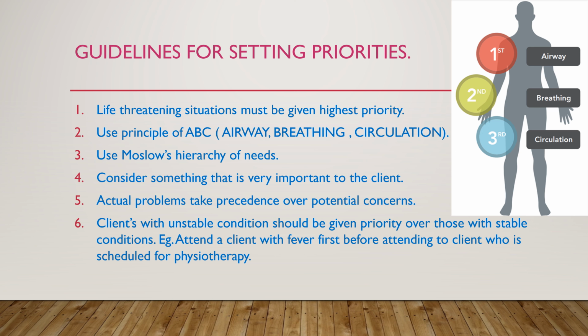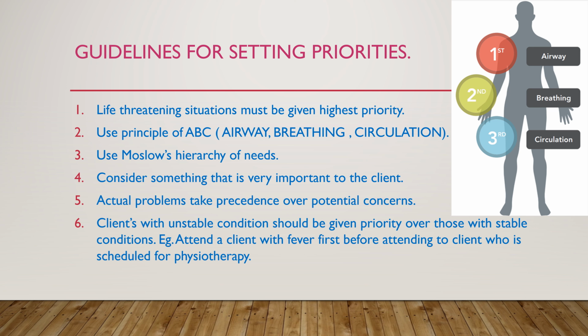If the patient is having hyperglycemia, regulation of the blood glucose level will be given the first priority over the risk problems which may be associated with that diabetes. So in that way, you will first try to manage the blood glucose level, then you will go for health education, then dietary management and other things. So actual problems always take precedence over potential problems.